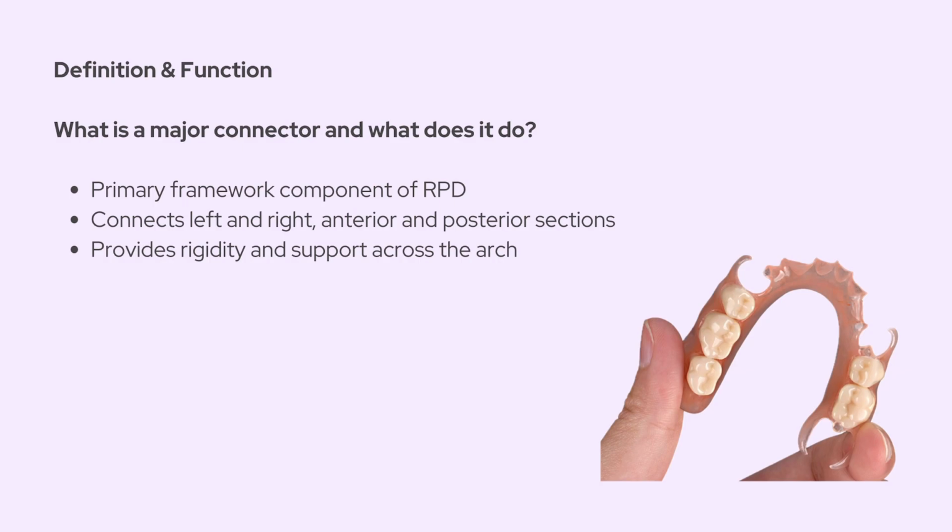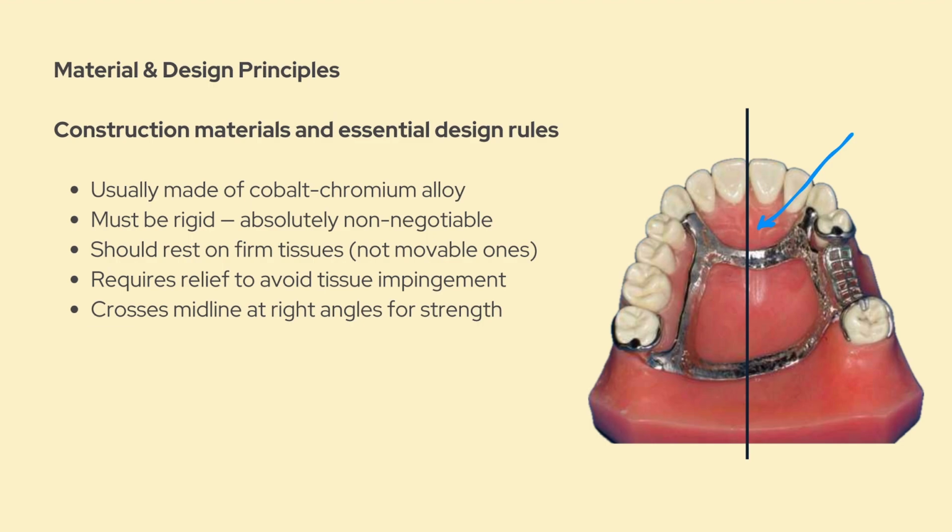And if that connector flexes or bends under occlusal forces, then the denture fails. You start getting instability, loss of support, soreness, and eventually damage to the abutments or the soft tissues. The material used is almost always cobalt chromium alloy. It's strong, lightweight, corrosion resistant, and allows for thin but rigid designs.